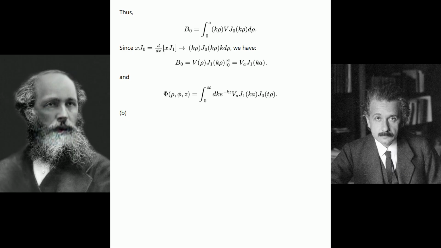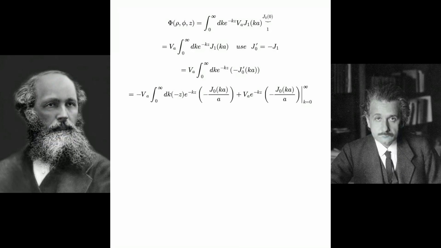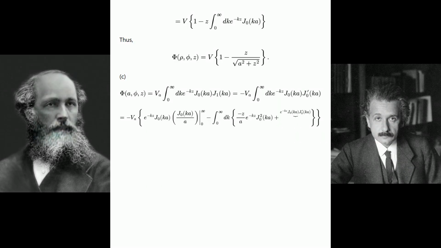Since x J sub 0 equals d over dx of x J sub 1, we have the integral of k rho J sub 0 of k rho k d rho, see the equation shown. And see the equation. See the following equations. Thus, see the equation. See the following equations.